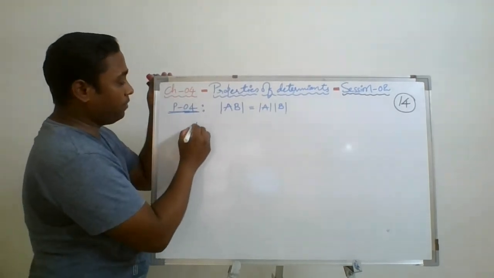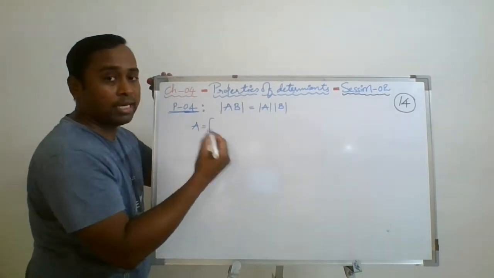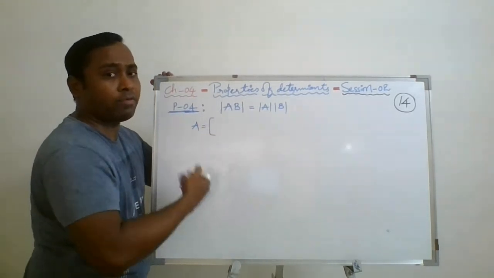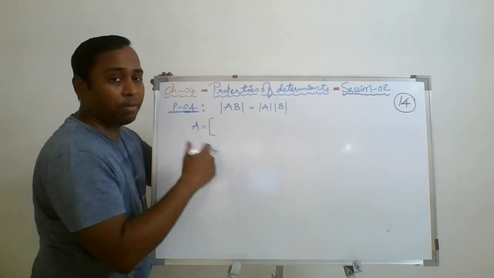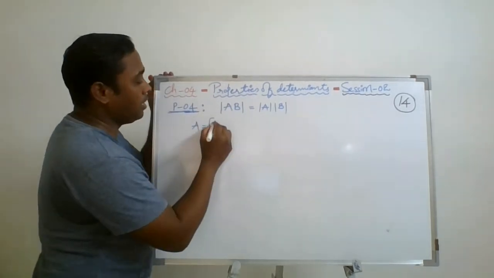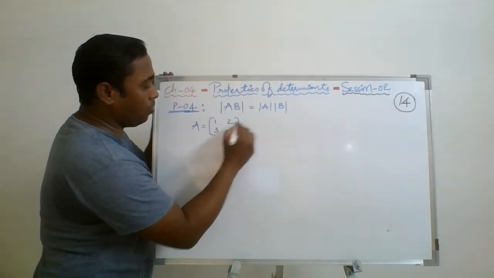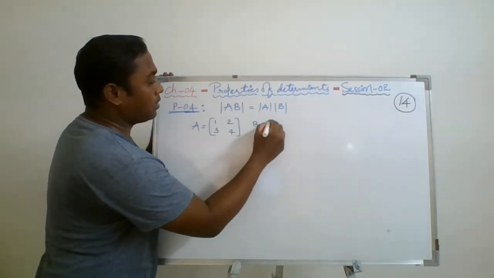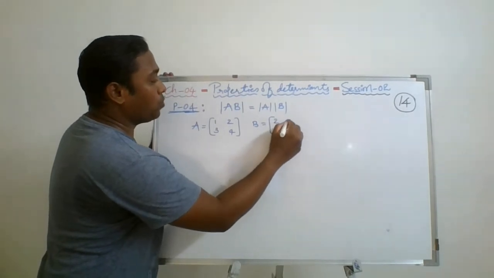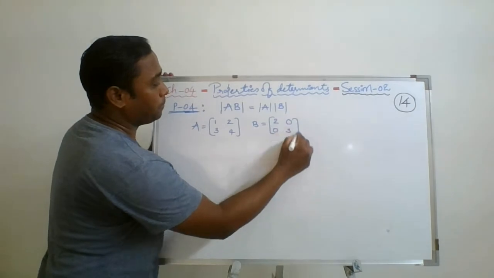I am taking two different square matrices of 2 by 2 order. It is easy to understand by taking 2 by 2. It will save our time, nothing else. You may apply the same property for n order, 3 by 3, 4 by 4, 5 by 5. So I am taking the first matrix as 1, 2, 3, 4, and the second matrix as 2, 0, 0, 3.